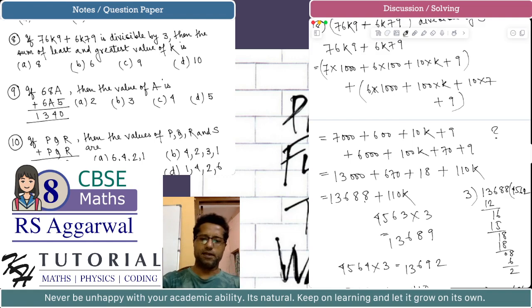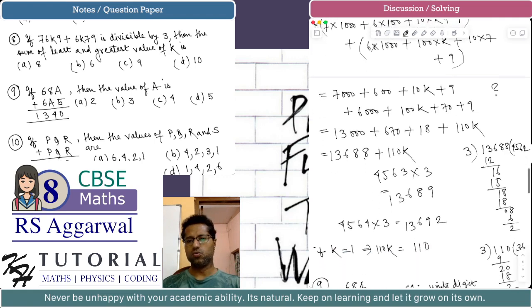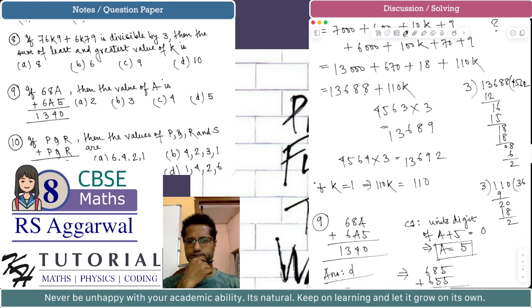Okay, I can see that k equals 1 was not working, because if k equals 1, 110k is 110, and if we divide 110 by 3, we get a remainder of 2, and also if we divide 13688 by 3, the remainder is 2.